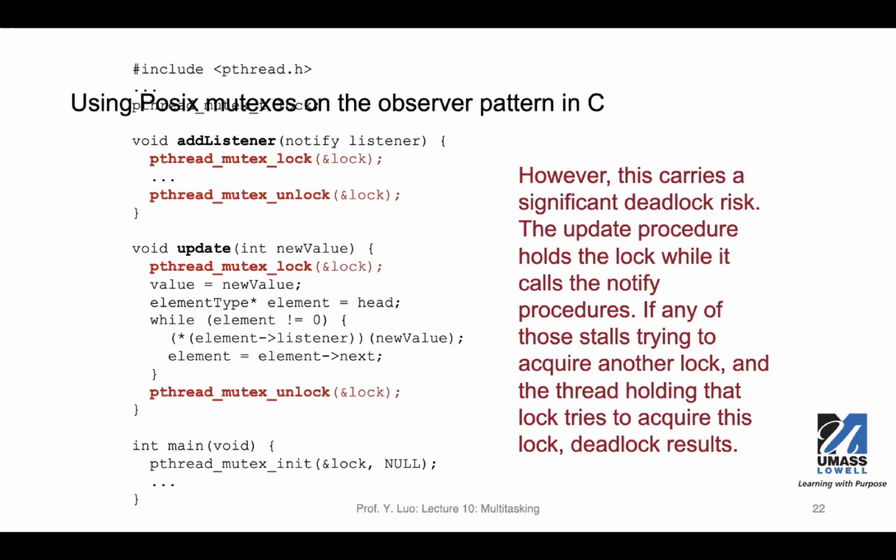In this code, we didn't show the second lock, but it may happen, for example, in this listener function. In this listener function, because it uses a lot of the shared variables, you may have to use another lock to protect another shared variable.